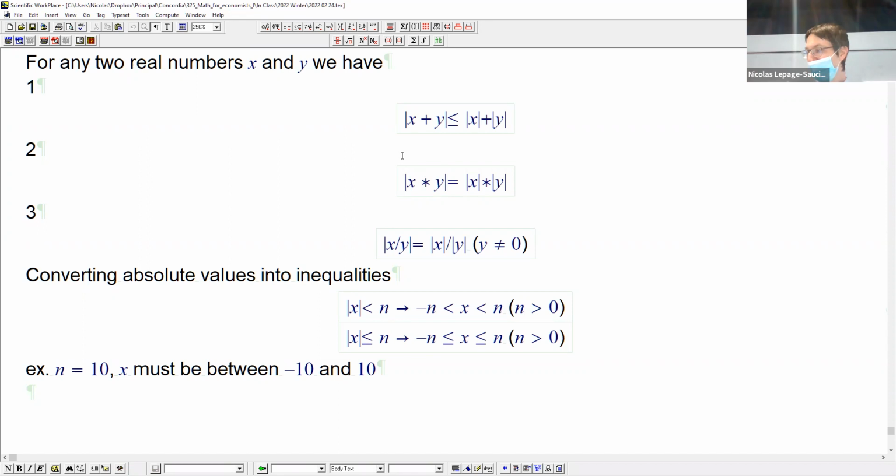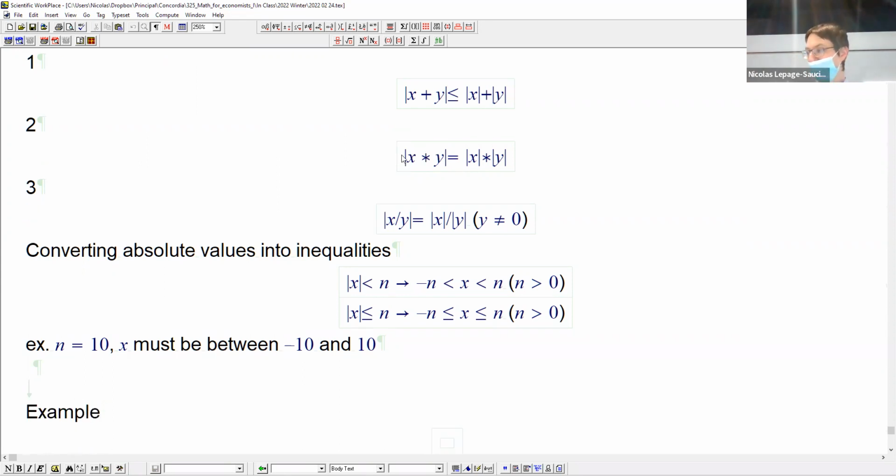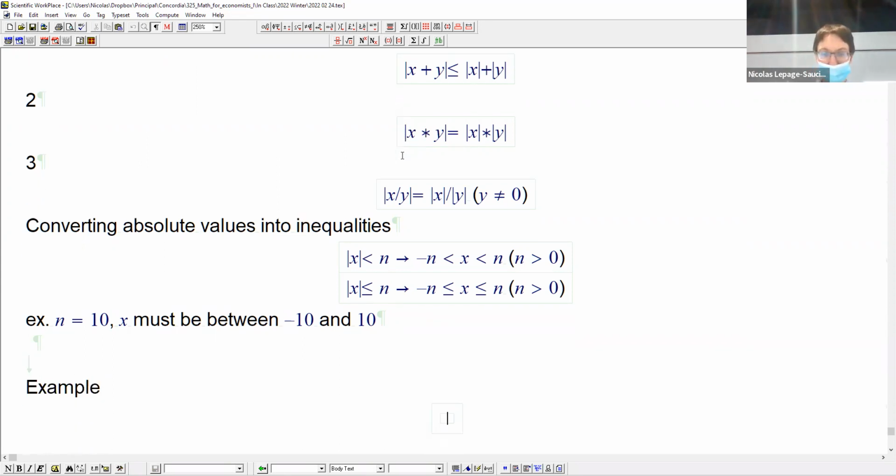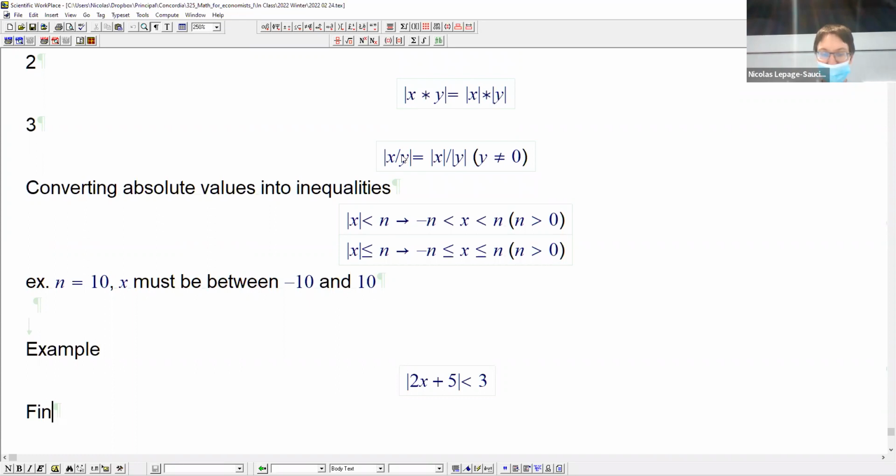Example: if you have an expression like the absolute value of 2x plus 5 is smaller than 3, find a simple interval for x.